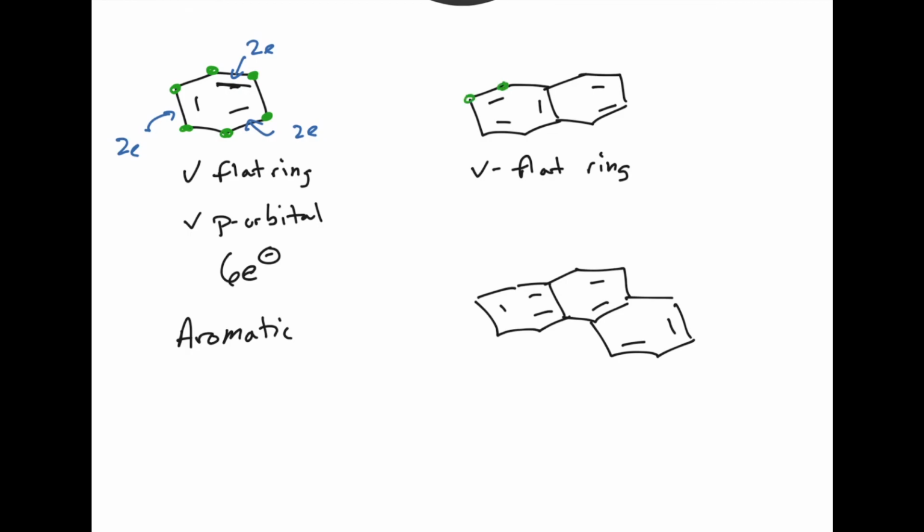So here, here, here, here. If I just keep saying here, it'll get super annoying, so I'll just stop. Everything's part of a double bond, so everything has a p orbital, so we've met that rule. How many electrons do I have? I have 10 electrons. Is 10 a 4n plus 2 number of electrons? It is. So this compound is aromatic.